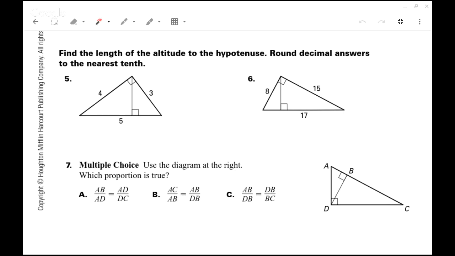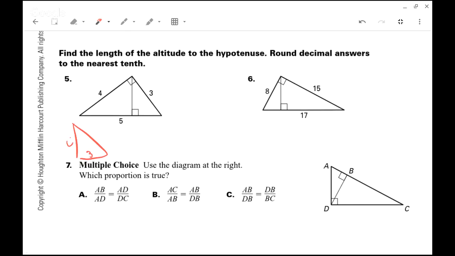Okay, so number 5 on the worksheet, you're supposed to find the length of the altitude and then round to the nearest tenth. So if we look at that, it's going to be very similar to how we just did number 15, okay? We have all the sides of the big triangle, right?